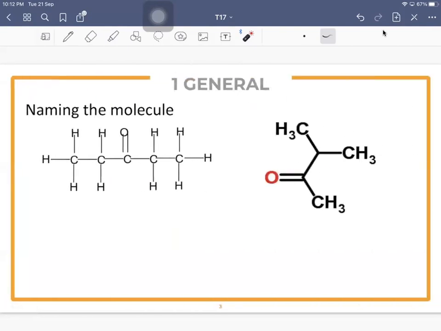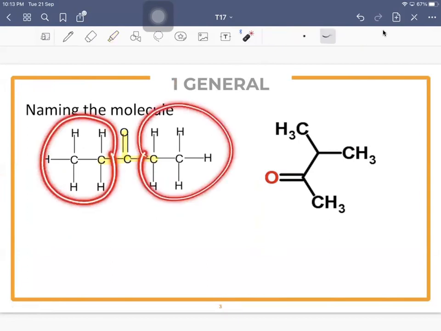Here are two examples for us to name the molecules. First, I would identify the functional group. If you look at the C double bond O, it is attached to two carbons, an ethyl group and another ethyl group. So this is a ketone.